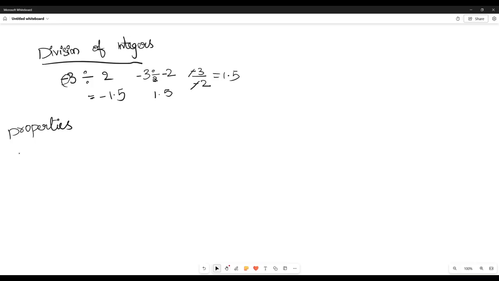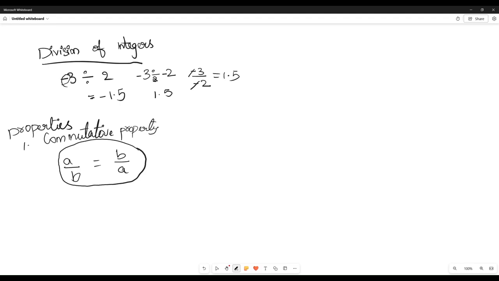The next property is the commutative property, which is nothing but A divided by B should equal B divided by A. Is it possible for integers?